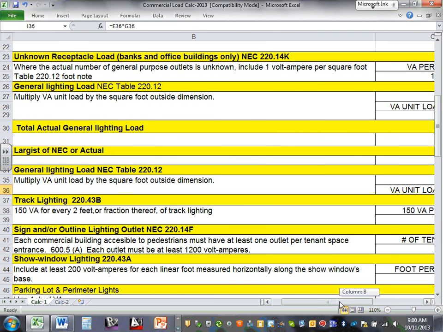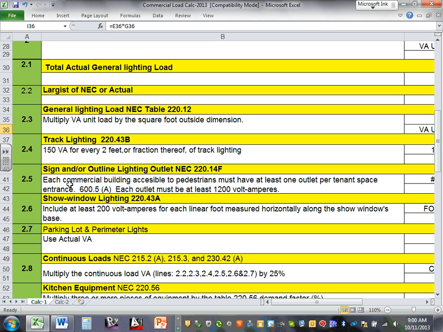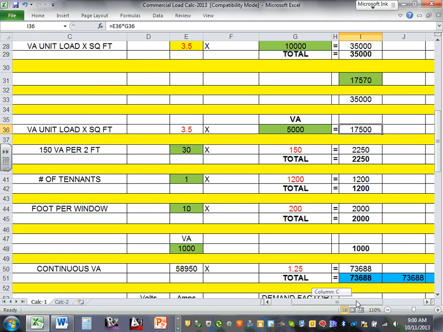Okay. Then you go to track lights, and all these are referred to in the NEC code book. For track lights it's 150 volt amp for every 2 feet or fraction thereof of the track light. I have one track light. I'm going to multiply 30 feet of track lights by 150.